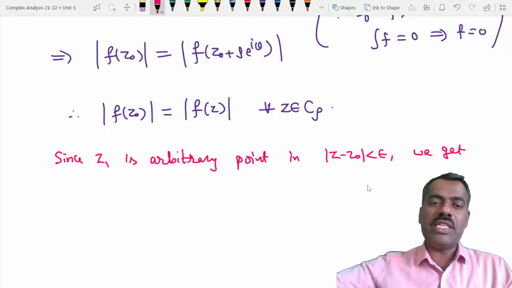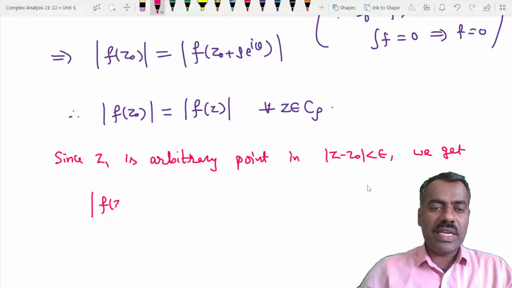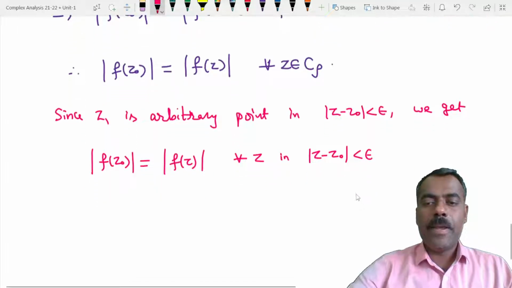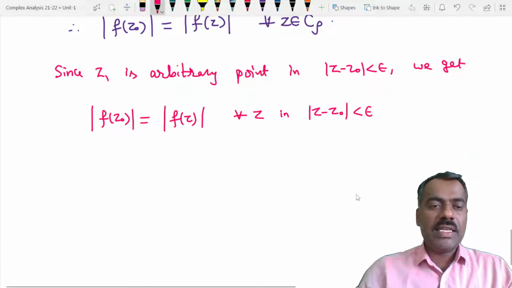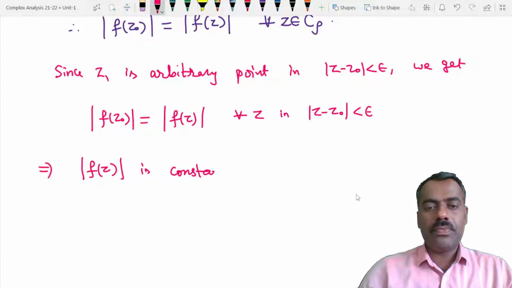That means whenever you change z1 you will get another circle, at all the points on that circle this value is equal, so we get that mod f of z0 is equal to mod f of z for all z in this neighborhood, mod z minus z0 less than epsilon, okay. Now what we have shown implies that mod f of z is constant in the neighborhood mod z minus z naught is less than epsilon.